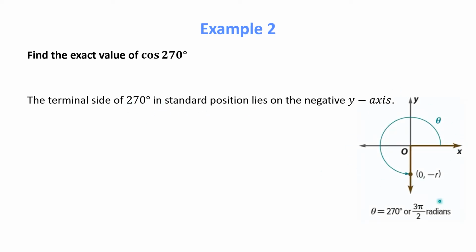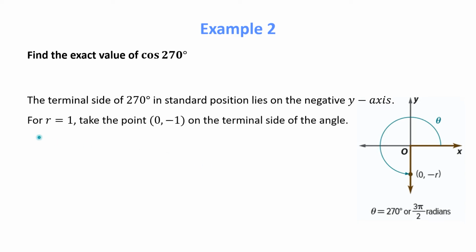So we can see here, because theta is 270 degrees, we have this point here, 0, minus r. So x equals 0 and y equals minus r. Now, of course, we said that we wish to take r equals 1 for simplicity. So for r equals 1, we will have the point 0, minus 1. And this will be the point that lies on the terminal side of the angle.